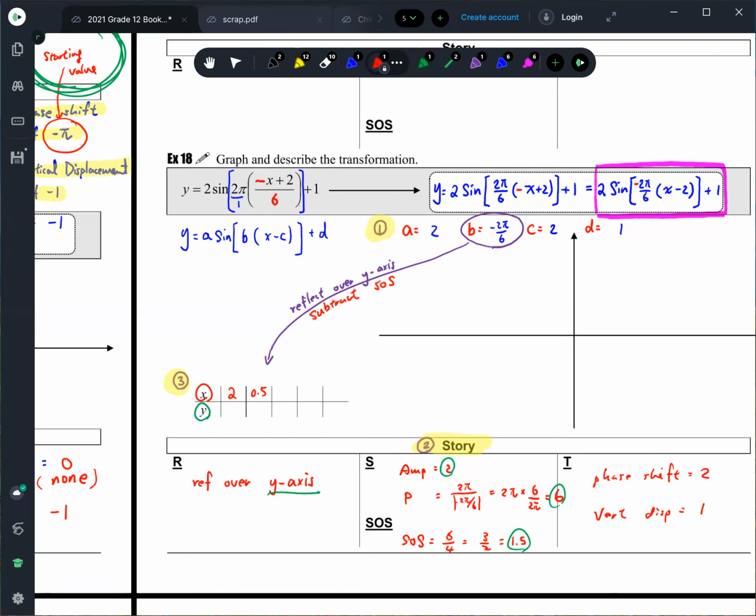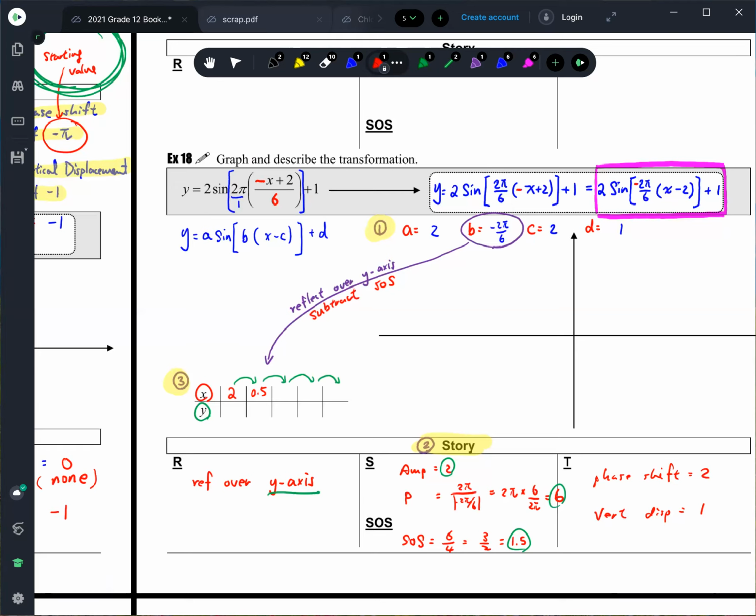Minus 2. No. Every step that you take, what do you do? Minus 0.5. What's your step size? 1.5. Yes.